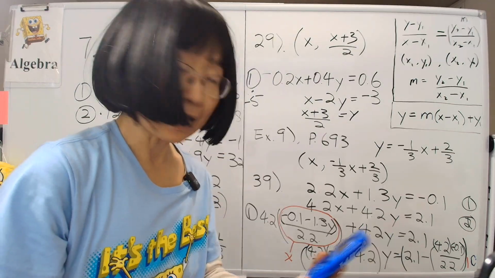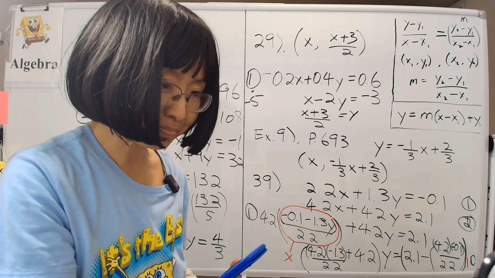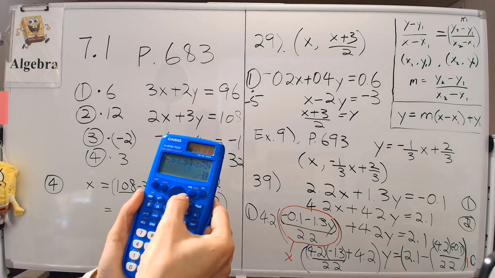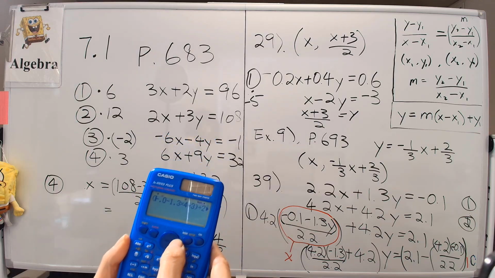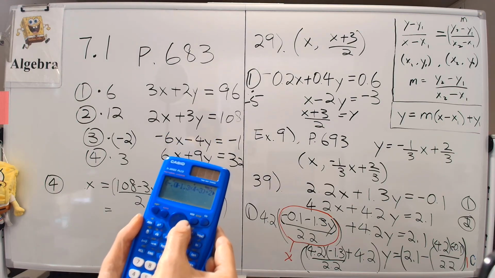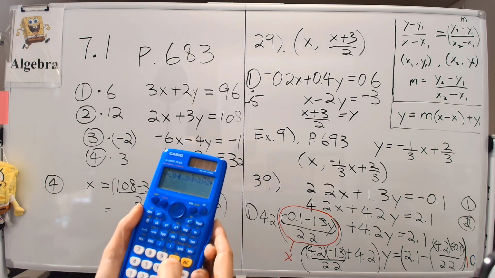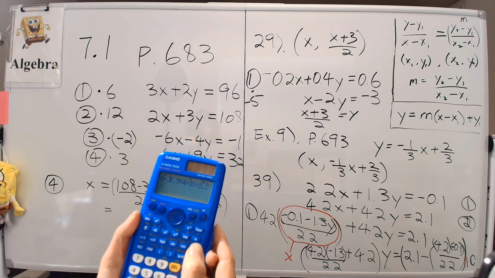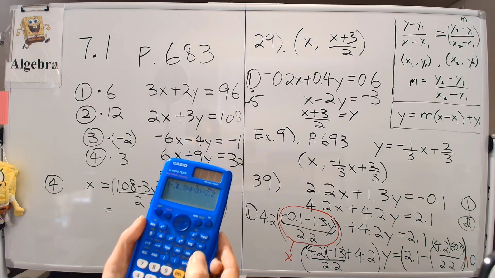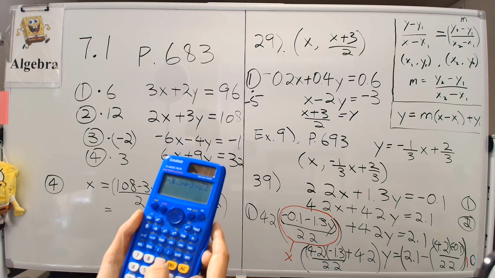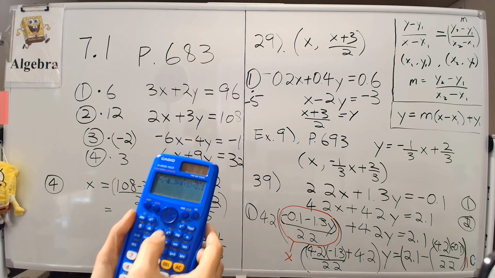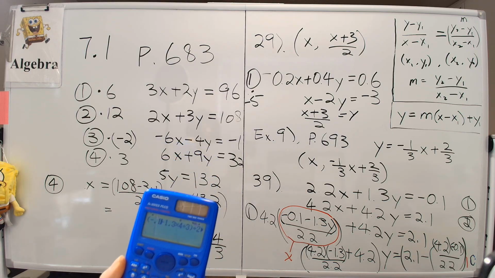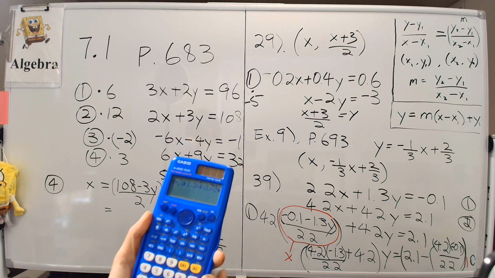Let me check where I messed up this time. Oh, I typed in something wrong. Let's fix that. Minus 0.1, and then minus 0.3 times, and so on.